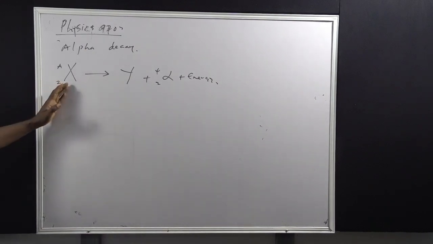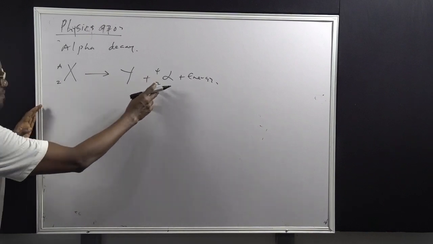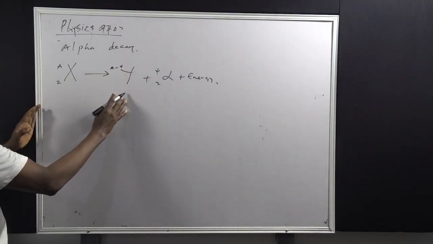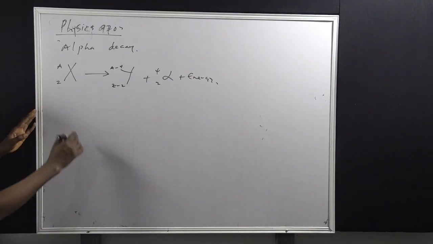So if this parent nucleus decays into this daughter nucleus and it emits an alpha particle, its nucleon number will reduce by 4, while its proton number will reduce by 2.